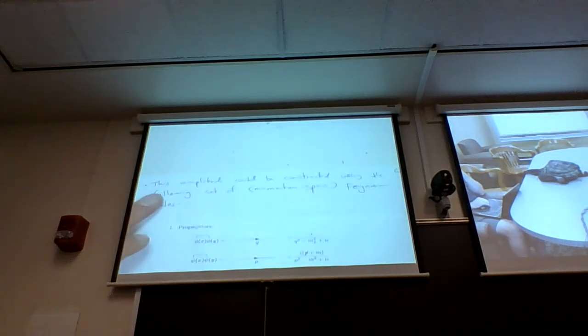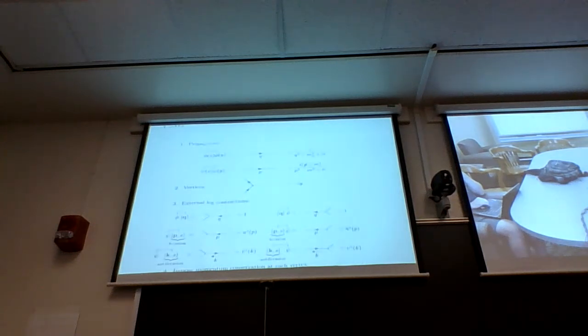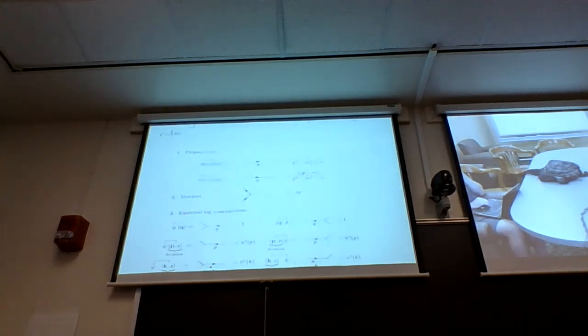All right, and you can go through numerous cases of these contractions, and you can find that all of these amplitudes can be constructed using this set of momentum space Feynman rules. Okay, this is the point I got tired of writing, so I just photocopied this. But here's Yukawa theory on one page, okay, in terms of Feynman rules.